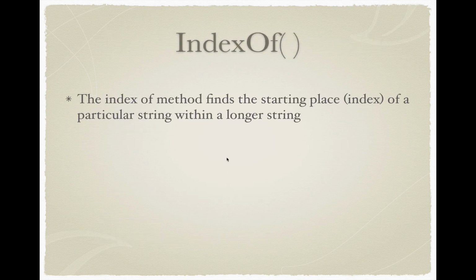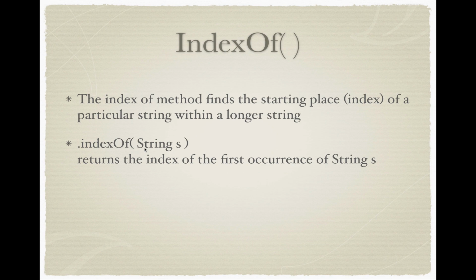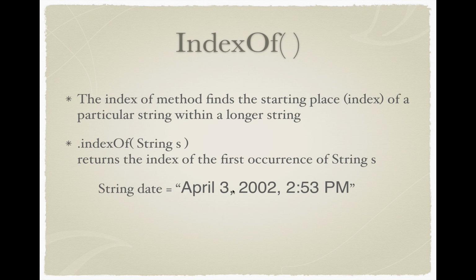Next is indexOf, and it finds the first index of a certain string inside of another string. So for example, if I have April 3rd, 2002 at 2:53 p.m. and I want to find the index of 2002, well, it looks through there, and the first time 2002 appears in a row, it says, hey, it starts at position 9. So it returns 9.